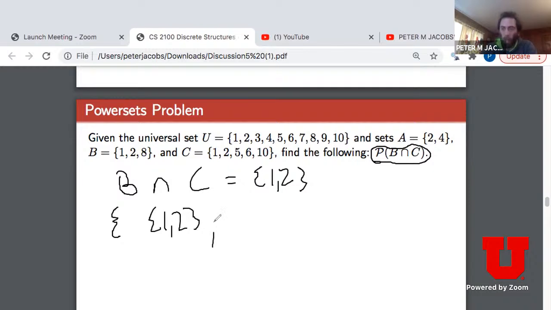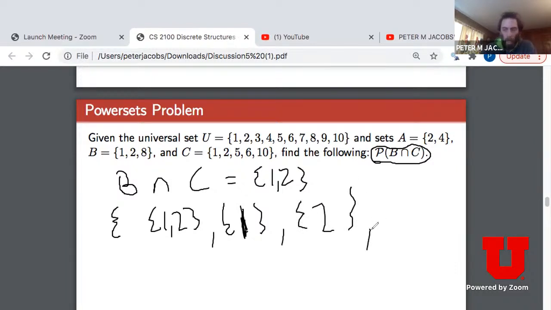And the next one is {1}. So {1} is a subset of {1, 2}. So that's right as well. Then the next one is {2}. {2} is a subset of {1, 2}. And so is the empty set.